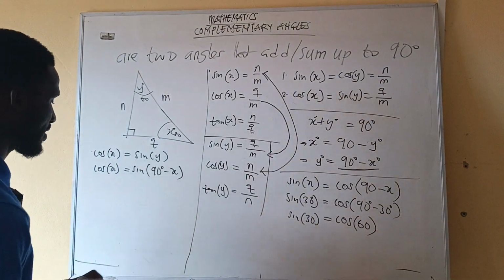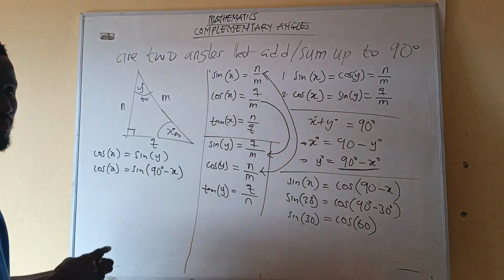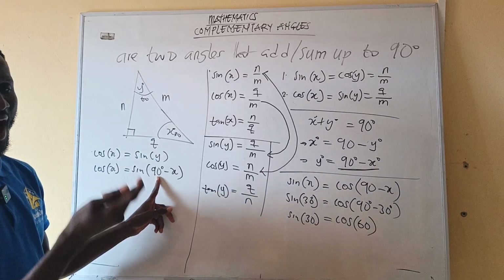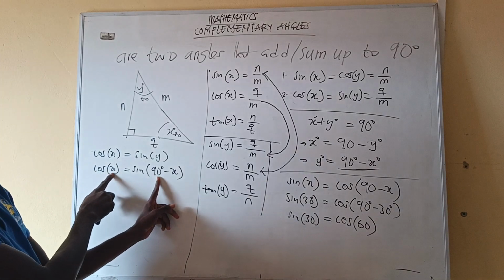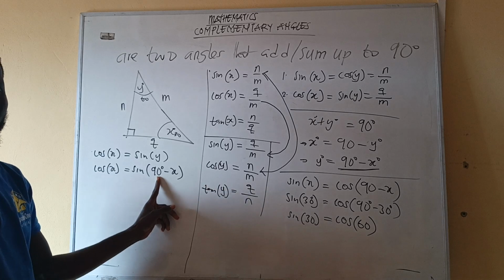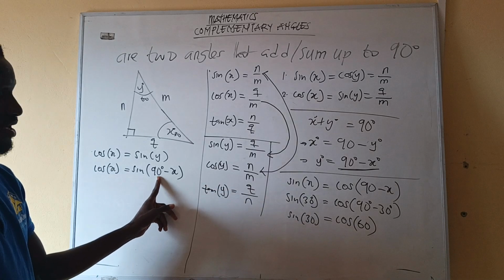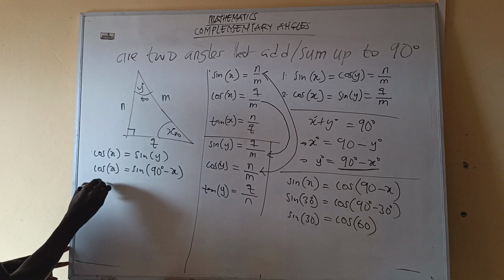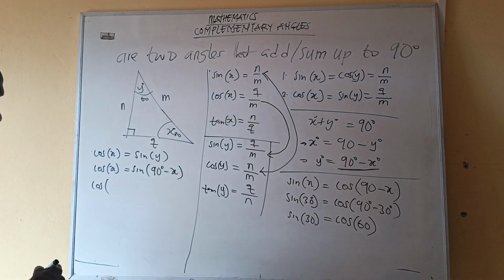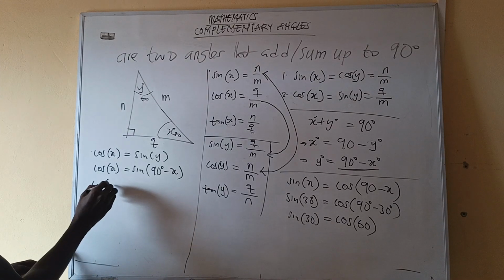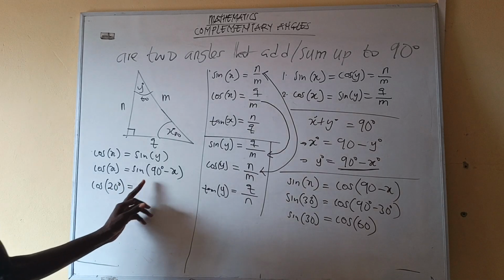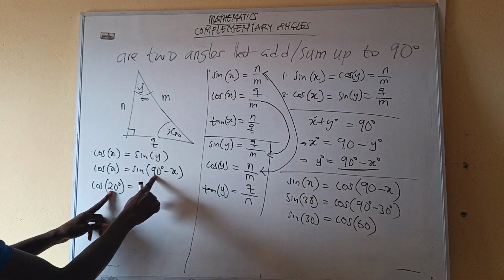Now, look at it very carefully. It means that anytime I want to change the cosine to the sine, I have to subtract the angle of the cosine from 90 degrees. So it means that if I have cosine of 20 degrees and I want to change it to sine, I have to subtract the 20 from 90.